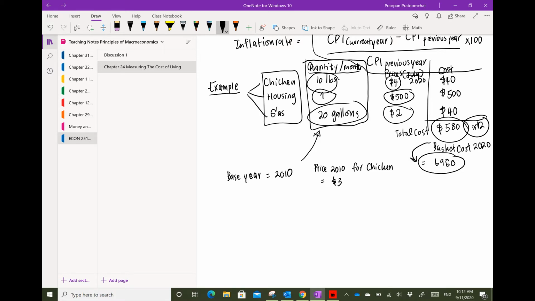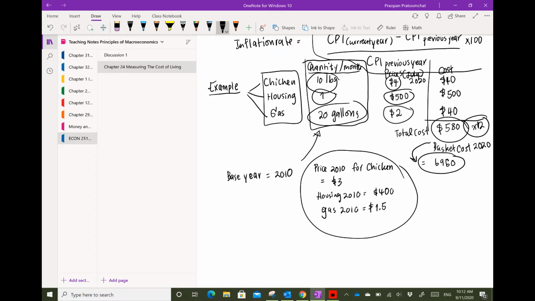Housing in 2010 is 400, right? And gas in 2010 was $1.5. So you calculate using these prices.